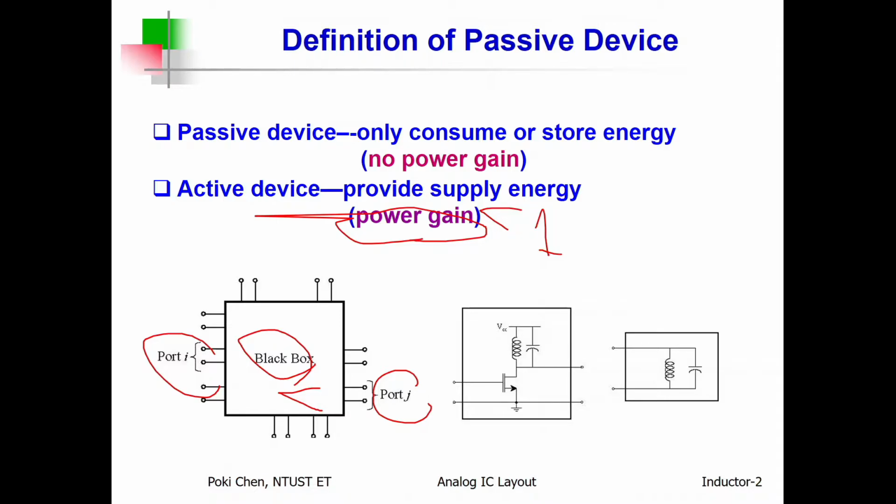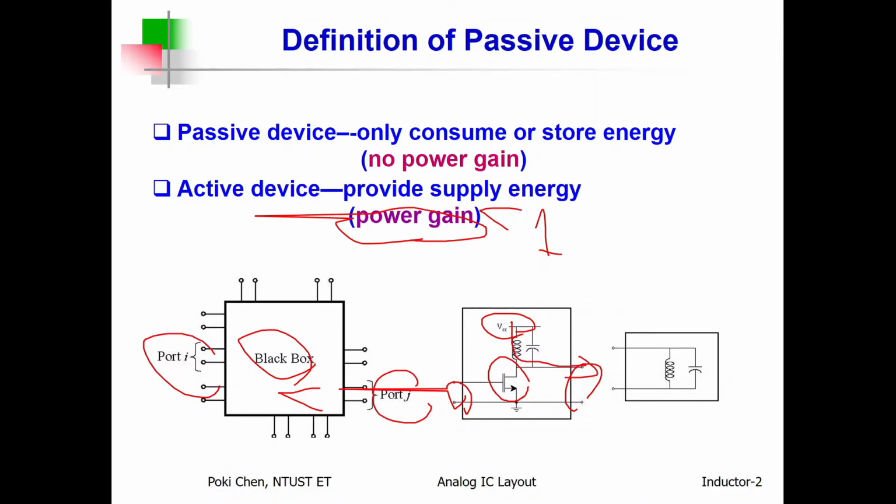So you can see one of the possibilities to be an active device, just like transistor, right? The input port here, the output port there. So for output port, it can transfer some of the power from your VCC to the output.